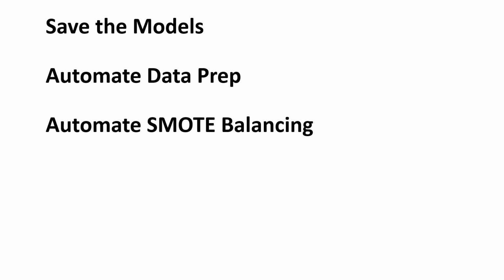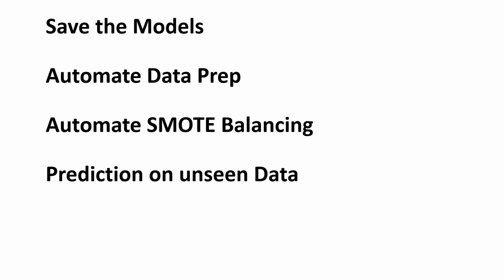Once that data cleaning part is automated, we are also going to automate the SMOTE balancing technique, because we found that balancing was very effective. So if we have to train further models, we can directly use SMOTE balancing on similar data.